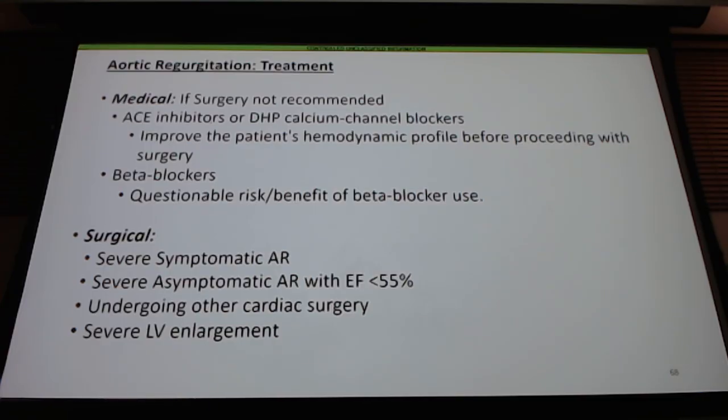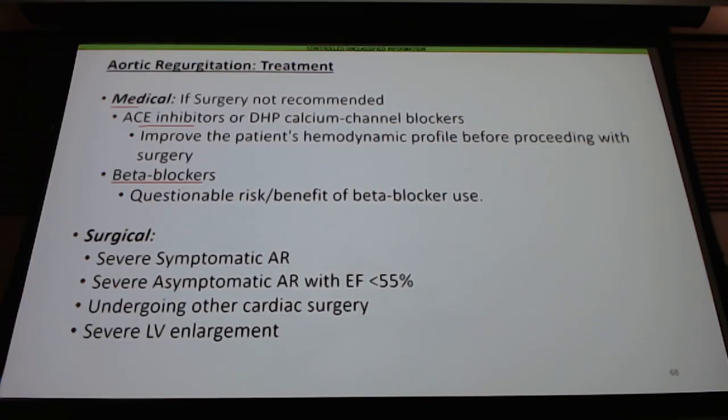And then from a medical standpoint, you're going to want to do things like ACE inhibitors or dihydropyridine calcium channel blockers to decrease that afterload so that you can hopefully get more flow out. Beta blockers are questionable because you don't necessarily want to increase that diastolic filling time with it, but you do want the cardiac remodeling effects from beta blockers.